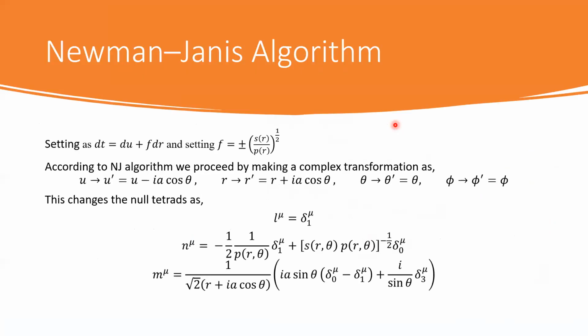So it was first tried with the Schwarzschild metric. If you apply this Newman-Janis algorithm, you will get a Kerr metric. So from that, this algorithm got some light, and it can be shown that in any f of R gravity, this algorithm works fine.